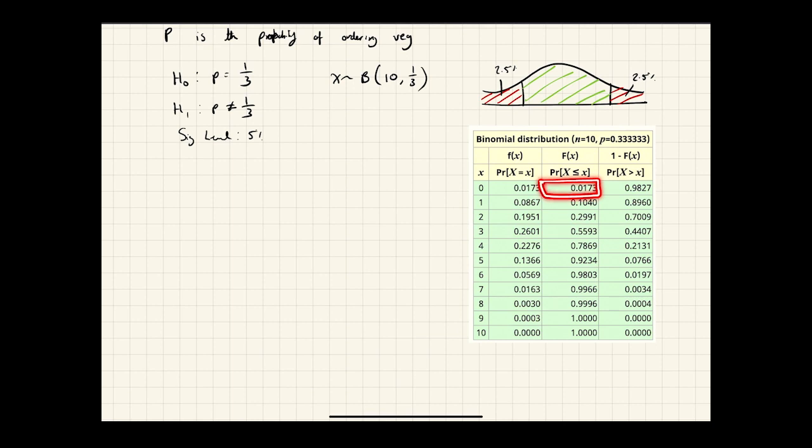That's less than 2.5%, so that one unfortunately is going to be rejected. Then the value of 1 is 10.4%, and that's more than 2.5%, so that one is in the accept region. So this is rejected and these values here are all okay. So we know that our lower critical value will be 0.